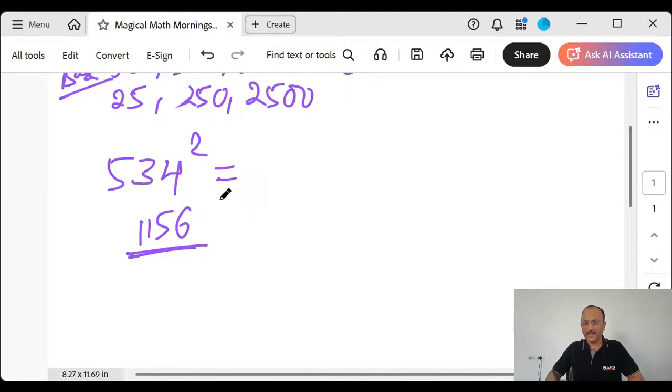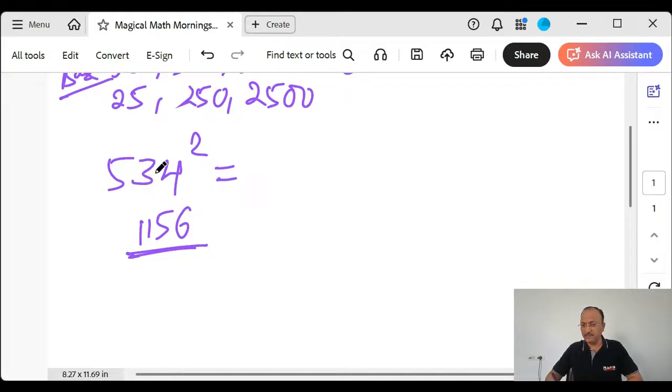534 square. I gave you 34 square. It's not 248916. I gave 34 square as 1156. Now add and write it. 250 plus 34 first you have to write.